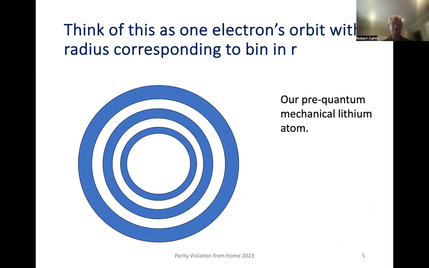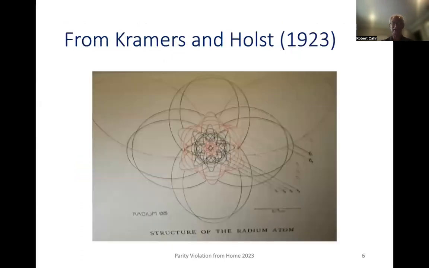In fact, I have a picture here from a famous text written in 1923 that shows how the radium atom was envisioned at the time. I think it's rather beautiful and amusing.